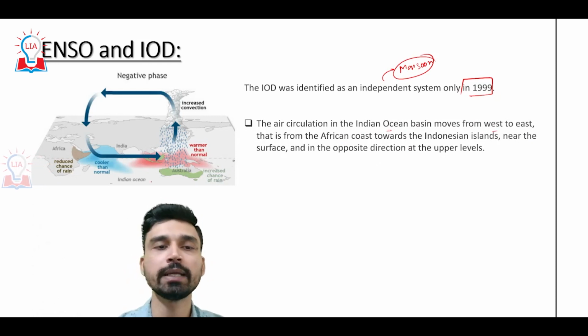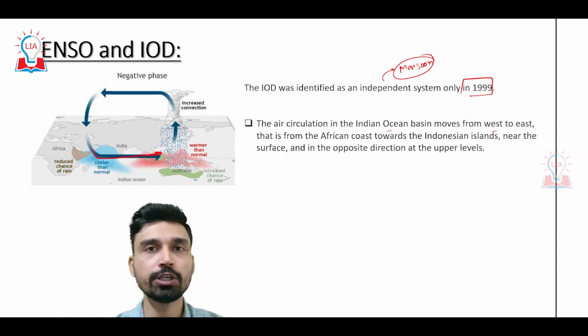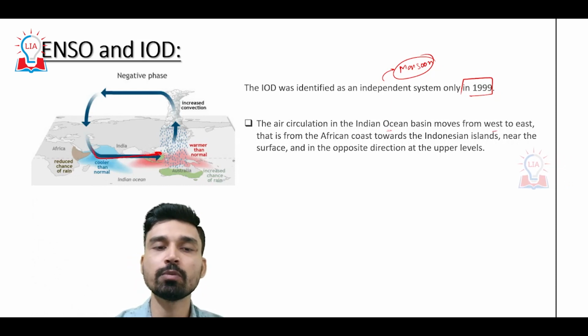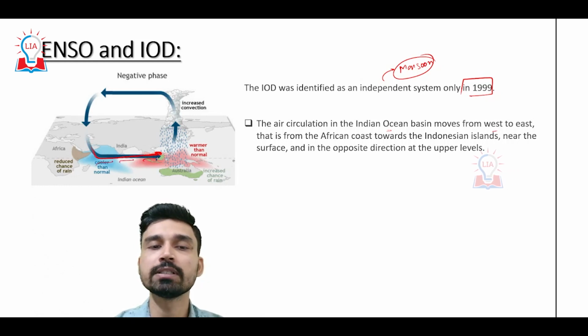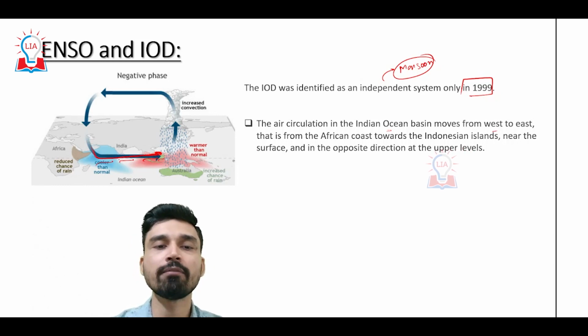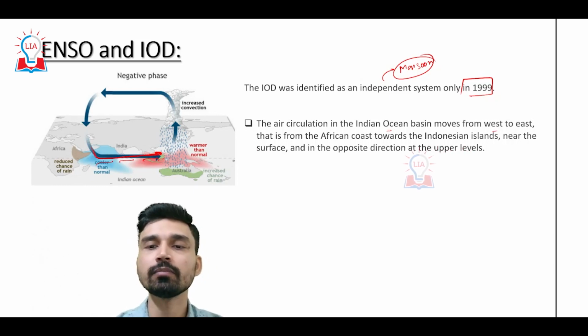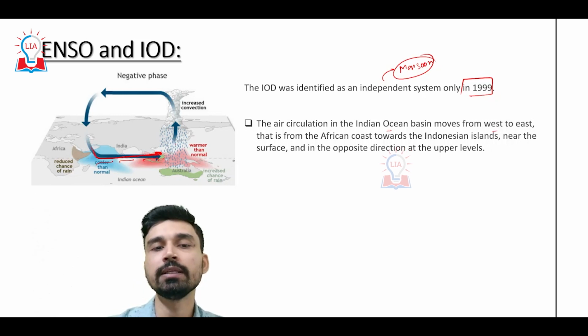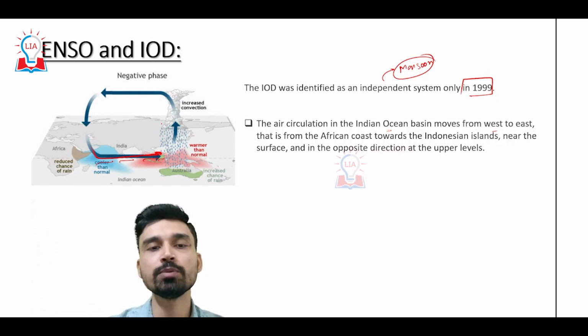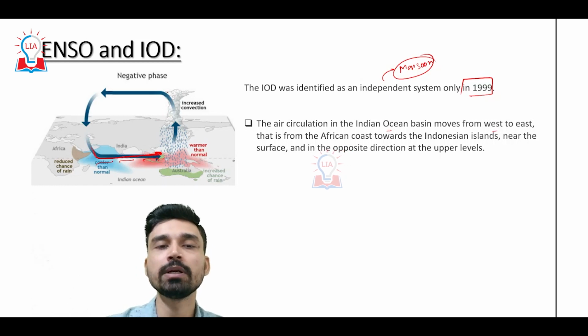In normal times, from west to east means that on the surface the air is moving from Africa toward Indonesia, and as the surface air is moving, obviously this surface air will also drag along with itself the surface water, and thus the water movement also happens from Africa toward Indonesia. And similarly, in the upper atmosphere, the reversal will be observed, where the air movement will be from the eastern side to the western side.